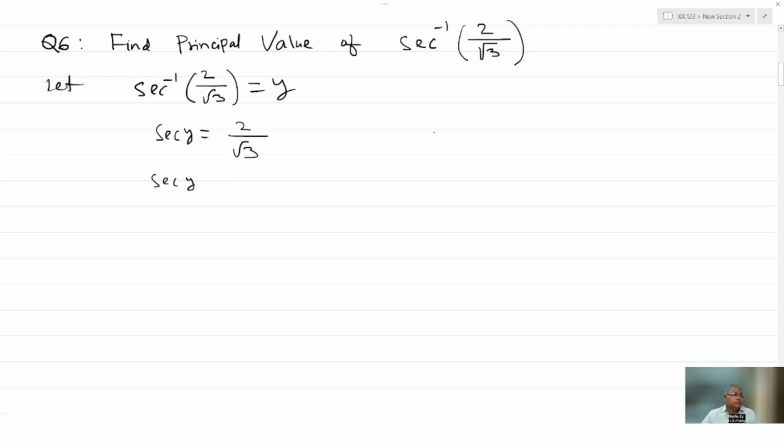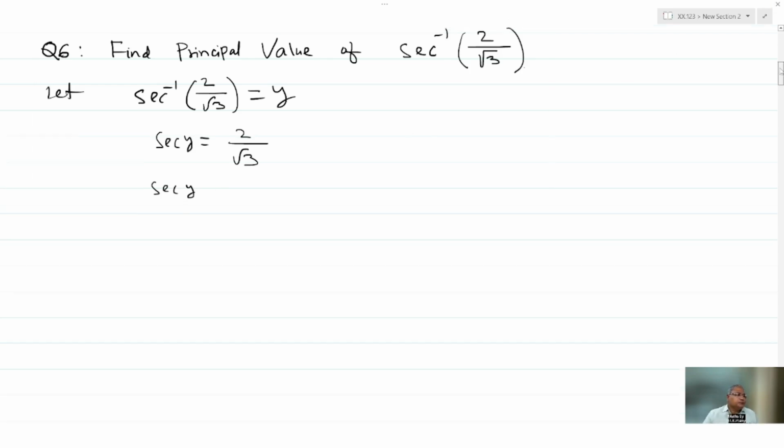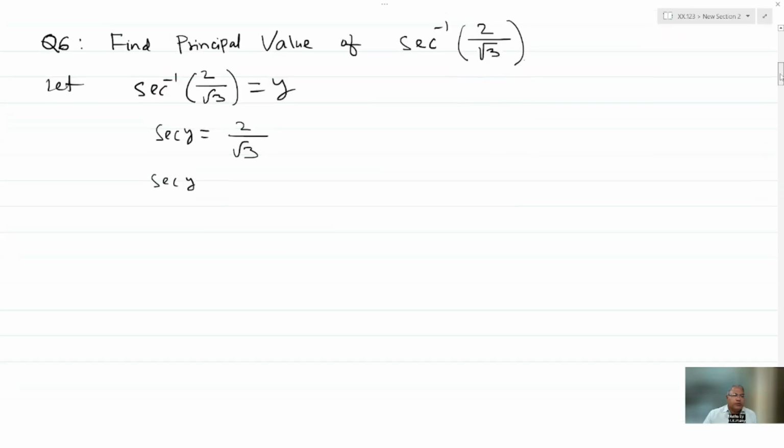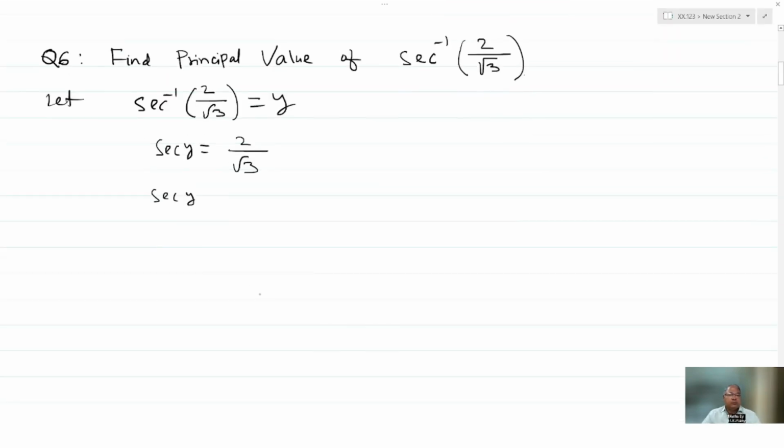From the table, sec of 30 degrees is 2 upon root 3. So sec y equals sec 30 degrees, that is sec y equals sec of pi by 6, which implies y equals pi by 6.